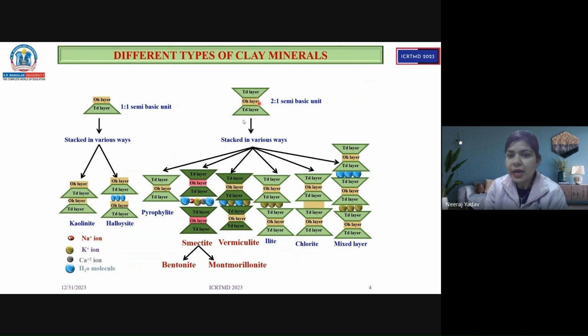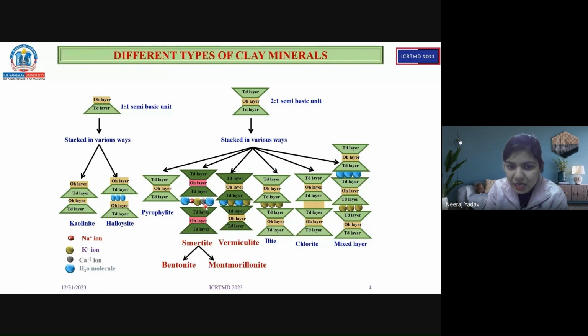This 2:1 group of clay minerals is categorized into different categories: pyrophyllite, smectite, vermiculite, illite, chlorite, mixed layer, and many more. Today in this presentation, we are going to discuss the smectite and vermiculite type of clay minerals.